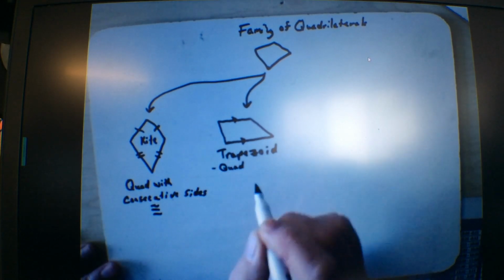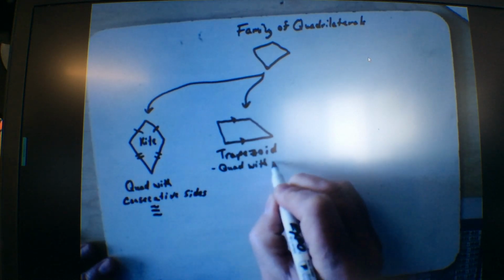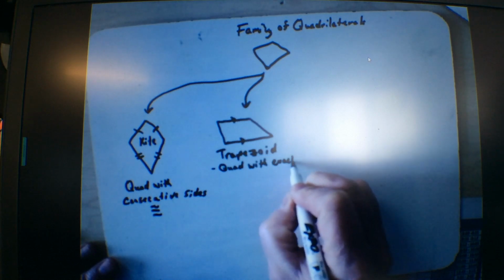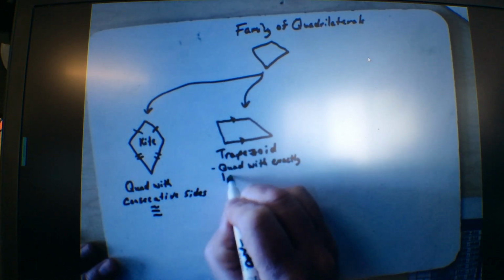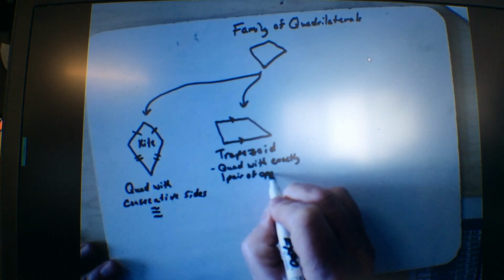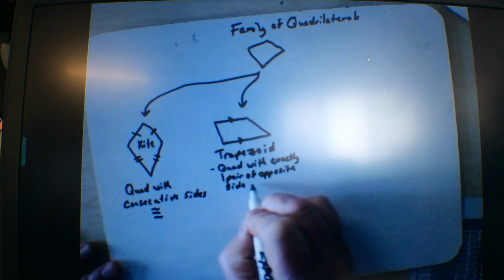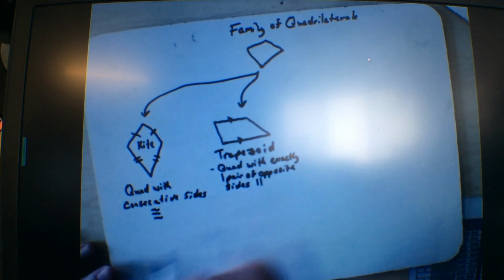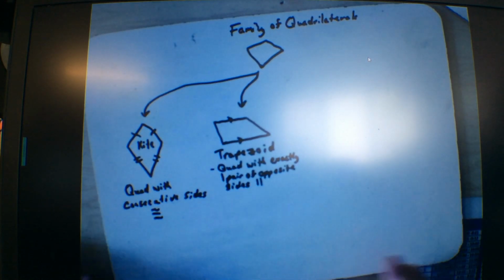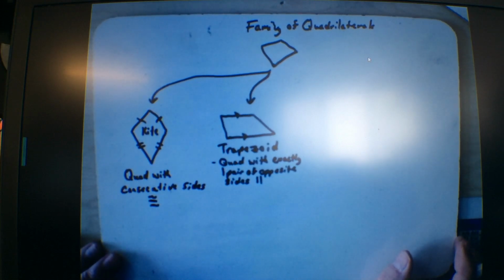Once again, I'm abbreviating quadrilateral with exactly one pair of opposite sides parallel. So a trapezoid is a quadrilateral with exactly one pair of opposite sides parallel.